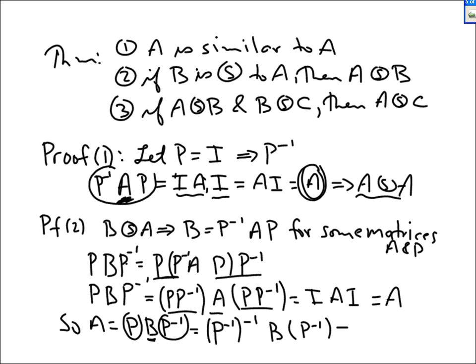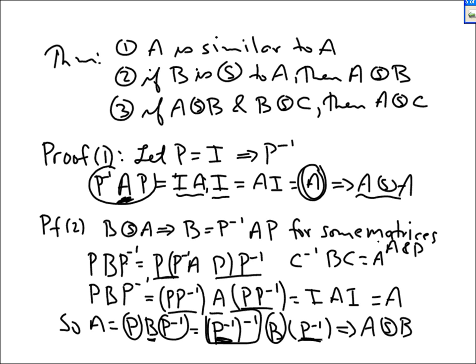Okay, this implies that A is similar to B. Why? Because P inverse is just a matrix. Call P inverse C. This says C inverse times B times C is equal to A. Therefore, A is similar to B.